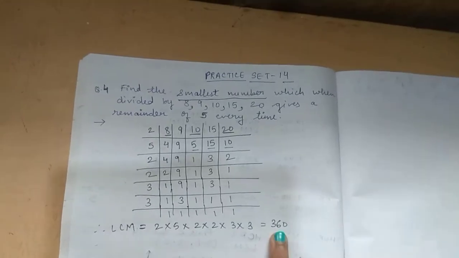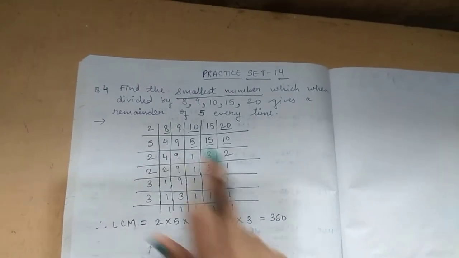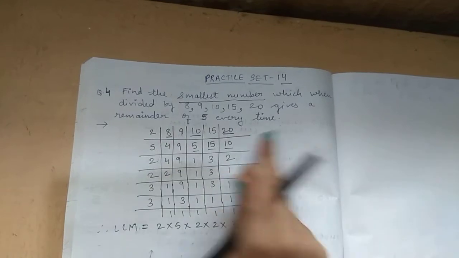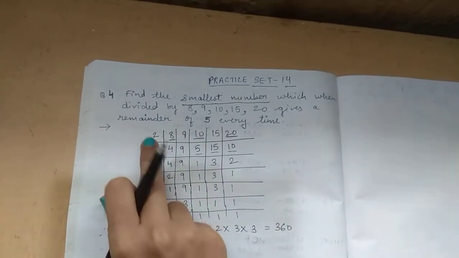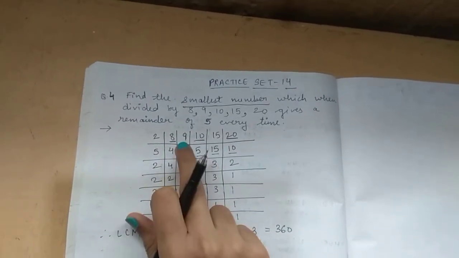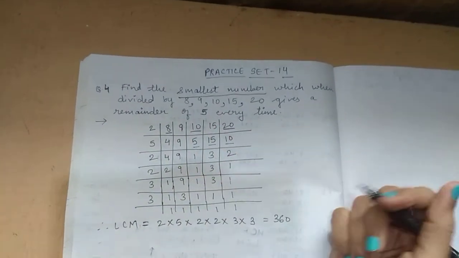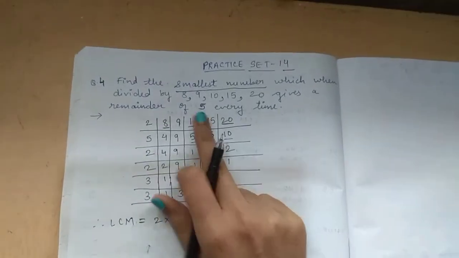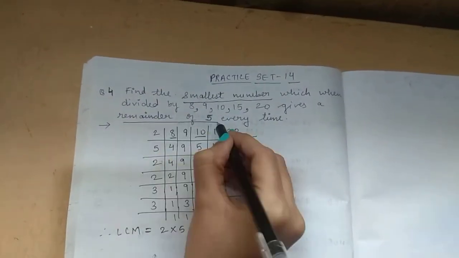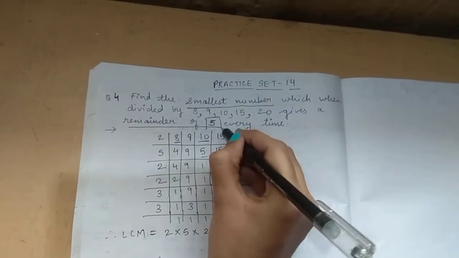360. Now when we divide 360 by 8, 360 by 9, 360 by 10, then 15 and 20, our remainder will be 0. But what we want is remainder 5.